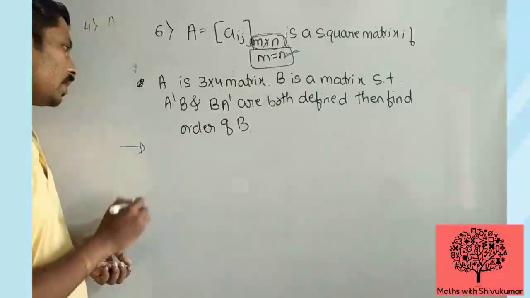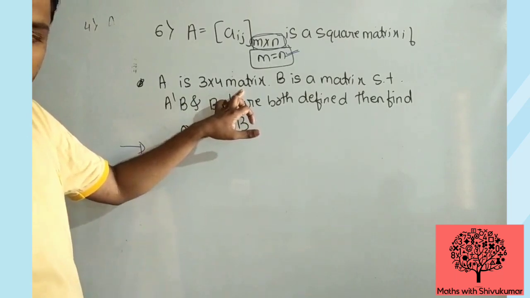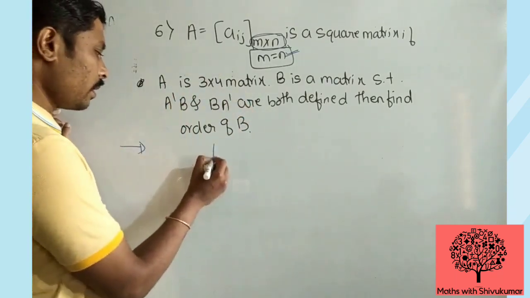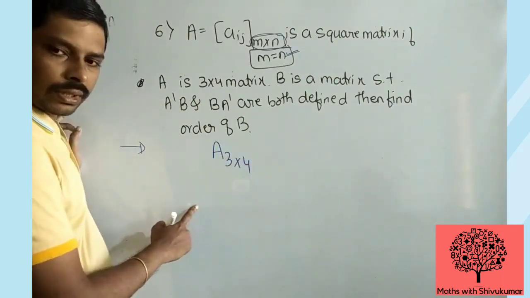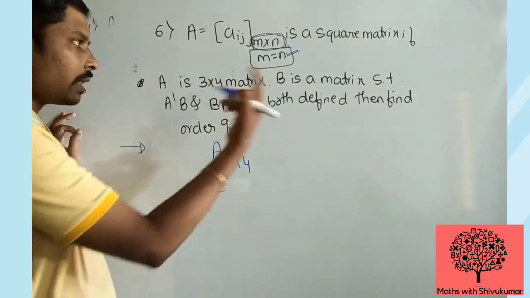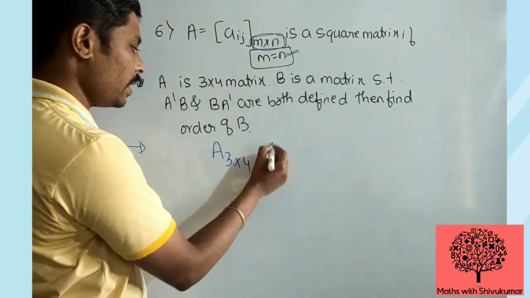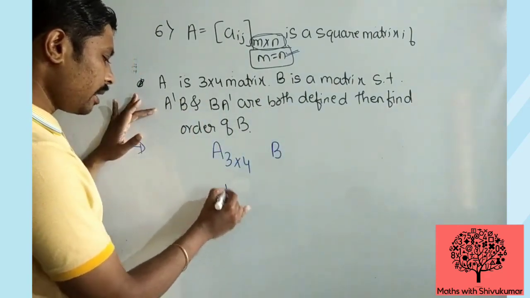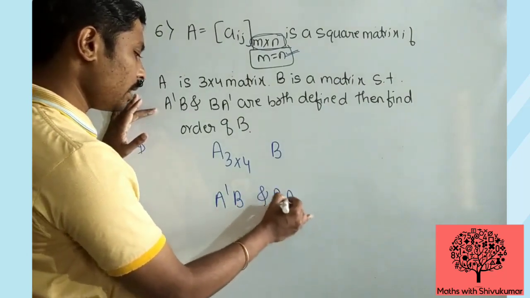Next interesting question. A is a 3 cross 4 matrix, means the order of A is 3 cross 4. Correct? Next, B is a matrix such that A transpose B and B A transpose are defined.